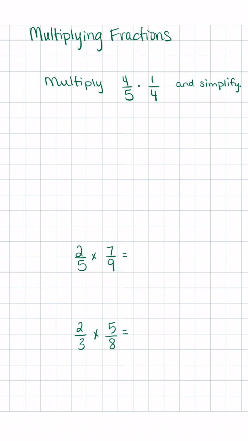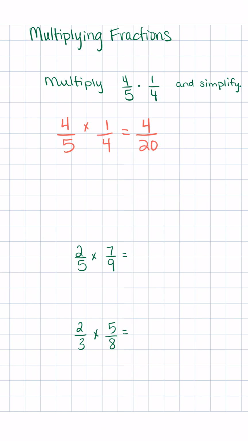So let's take a look at multiplying 4/5 times 1/4. What we can do is literally do 4 times 1, which equals 4, over 5 times 4, which equals 20.